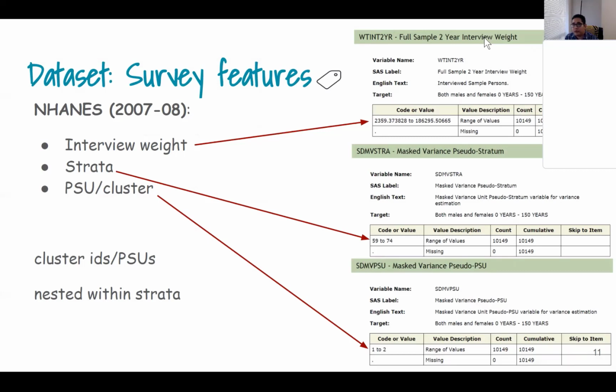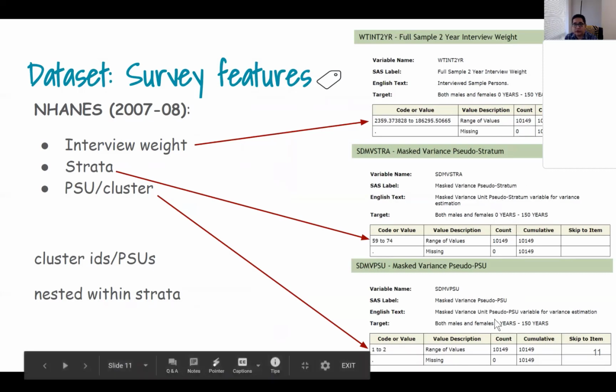And if you go to the NHANES website, if you go to the data dictionary, all of these values are calculated for all of the population that are in the sample. So if you have 10,000 people in your sample, say for example, we had 10,149 people in the sample, you will calculate weight for each of these persons. And then you will have strata and PSU for each of these persons because they have to belong to some particular PSU, right?